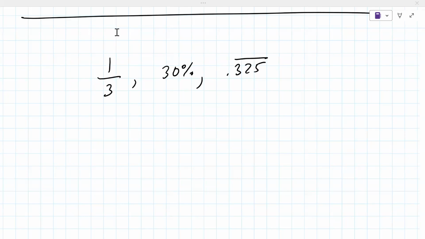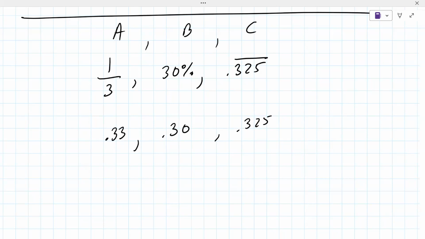What's your final answer? Let's just use letters here. Let's use A, B, and C. Tell me which ones come first, second, third. A, B, C. It's in order. 1/3 is 0.33 repeating.